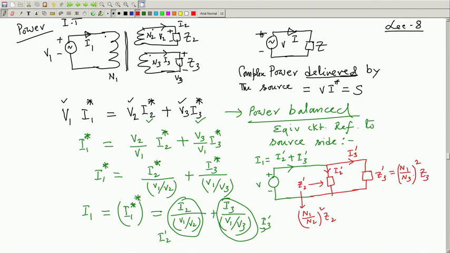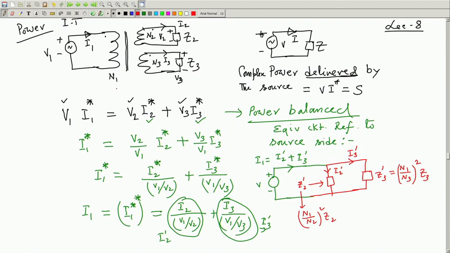So, you see, if there are several secondary coils and each one of them is supplying a load, then the equivalent impedances referred to the primary side will not be in series, they will be in parallel. So, a lot of problems you will be able to handle when ideal transformers are connected in different ways, supplying different kinds of load.